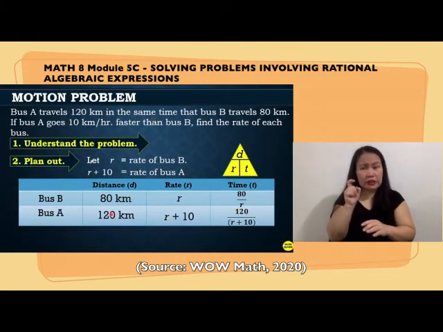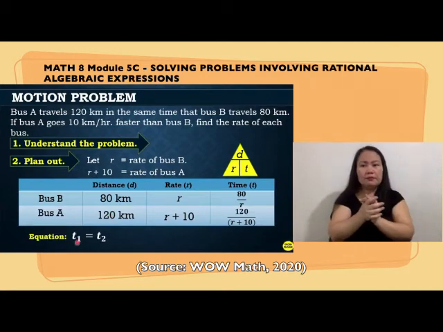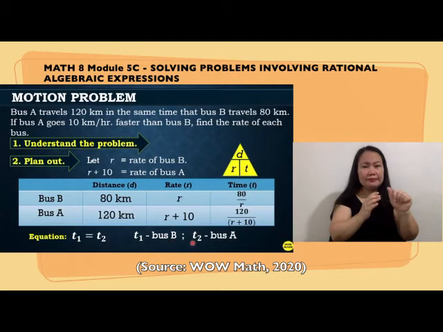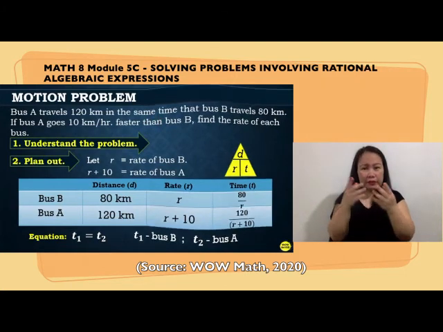So, therefore, our equation will be the time of bus A is equal to the time of bus B. So, this is our bus B, and then this is our bus A. So, they are equal daw sa time. Kasi, ang sabi dito, same time. So, equal sila.